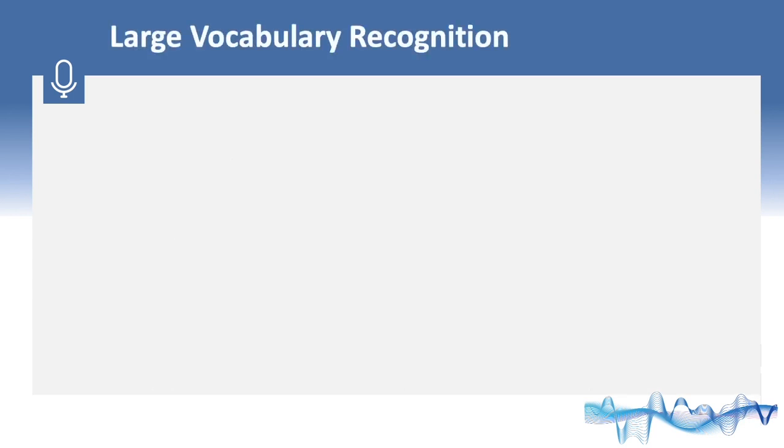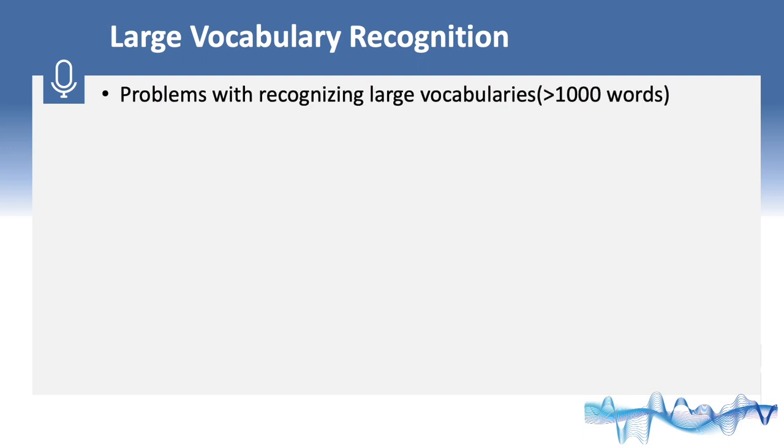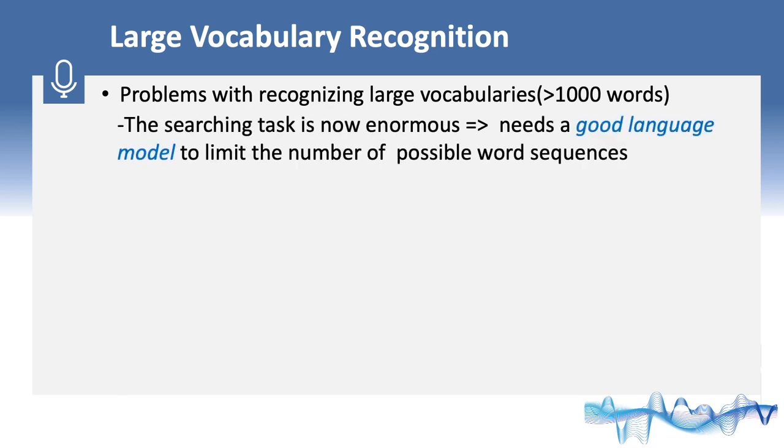The large vocabulary recognition task has problems with recognizing large vocabularies, more than 1,000 words. The searching task is now enormous with array alignment plus word sequence, and it is essential to have a good language model to limit the number of possible word sequences.